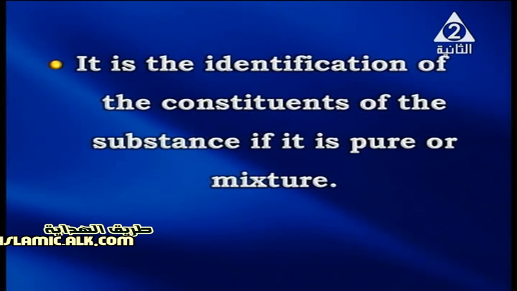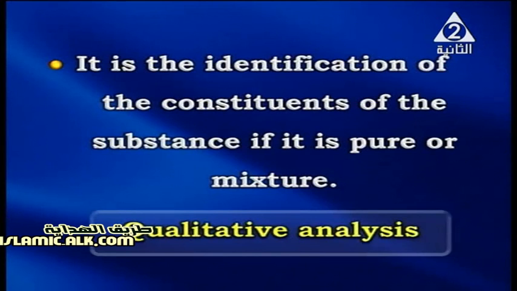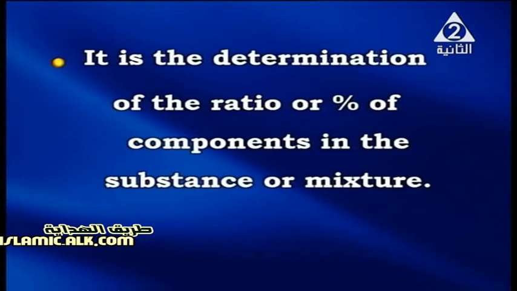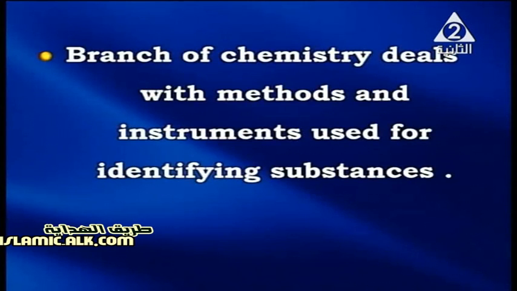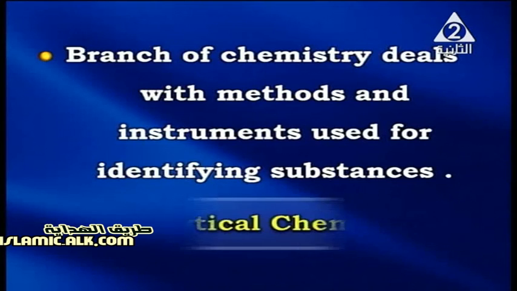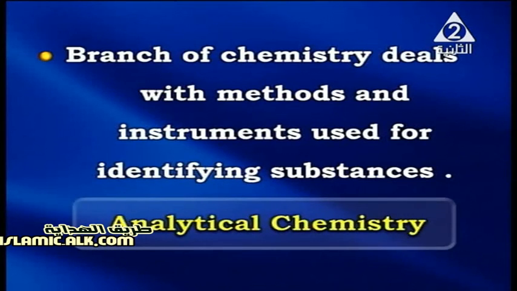It will be qualitative analysis. It is the determination of the ratio or the percentage of components in the substance or mixture. It will be quantitative analysis. Next point, the branch of chemistry deals with methods and instruments used for identifying the substance. It will be analytical chemistry.